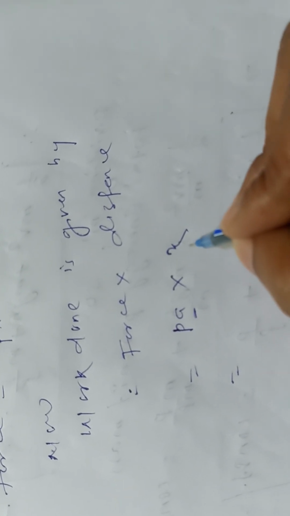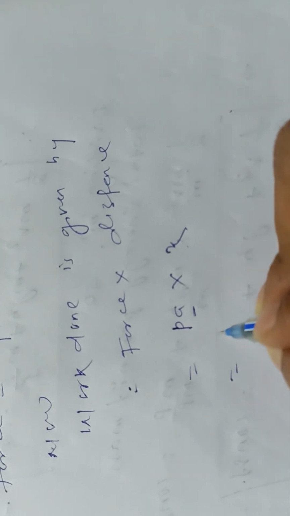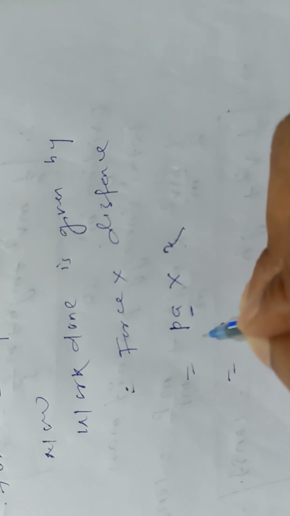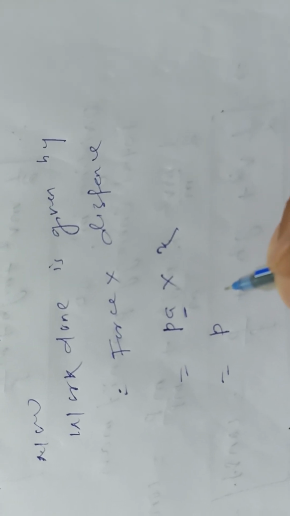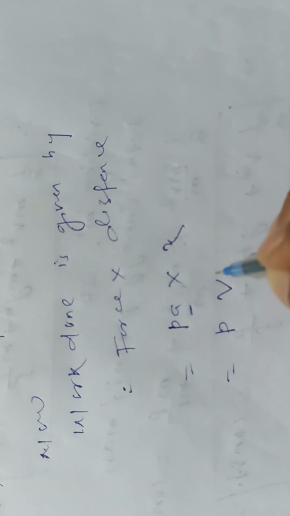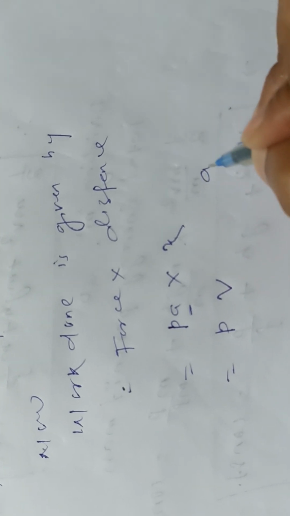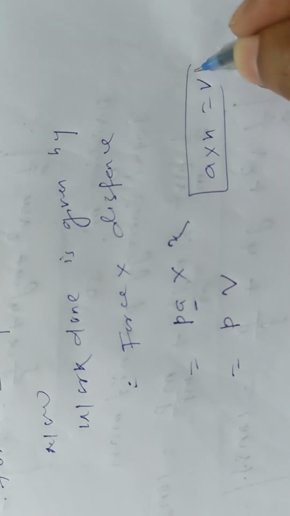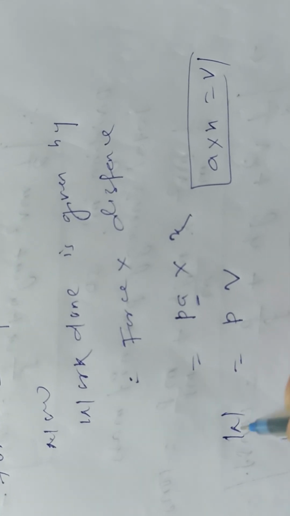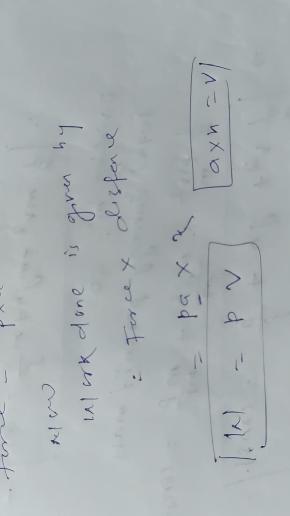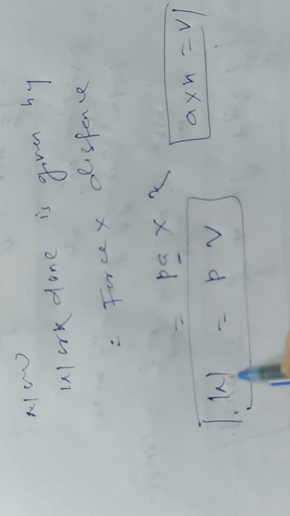Since A is the area of the cross section and x is the distance, A into x is the volume of the liquid. So A x equals V. So work done equals pressure into volume.